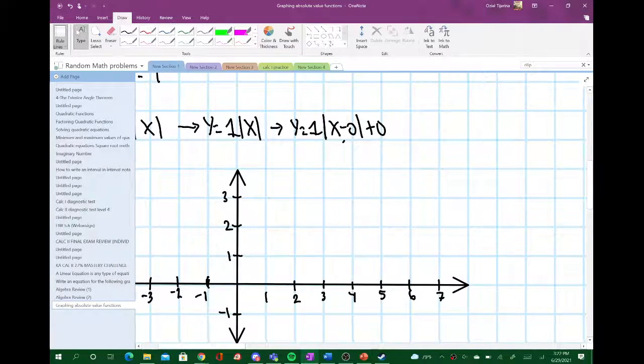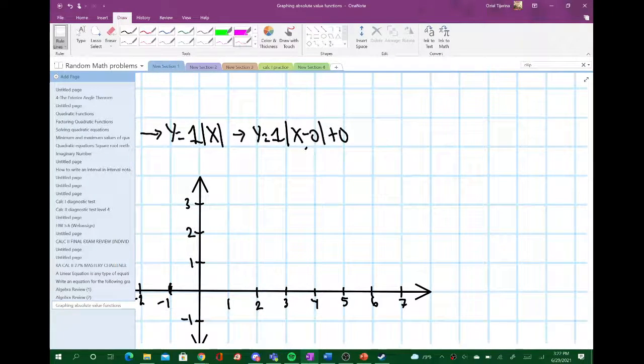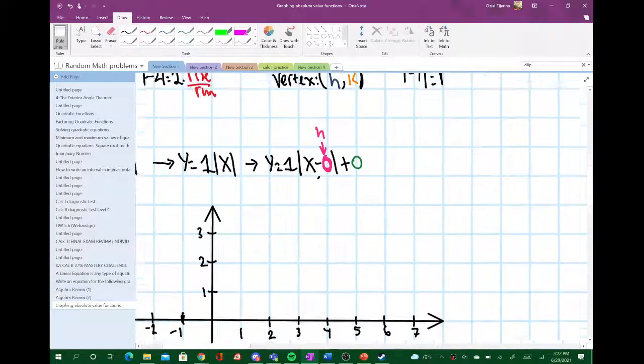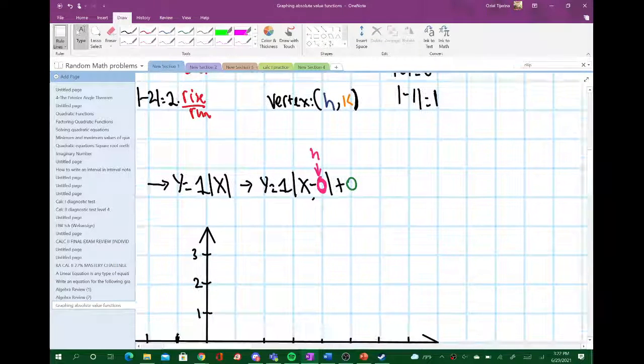So looking at this, you would ask yourself, well, what is the vertex? This is h, obviously, if you look at it this way. That's not your vertex, that's your axis of symmetry. And this number here, that is 0, is your, so let me actually do it this way.